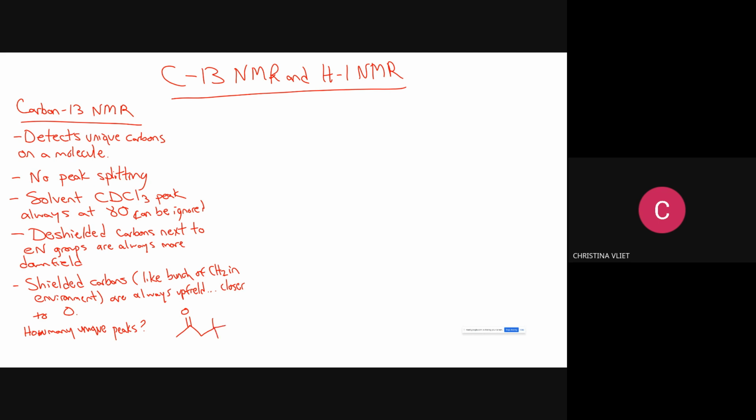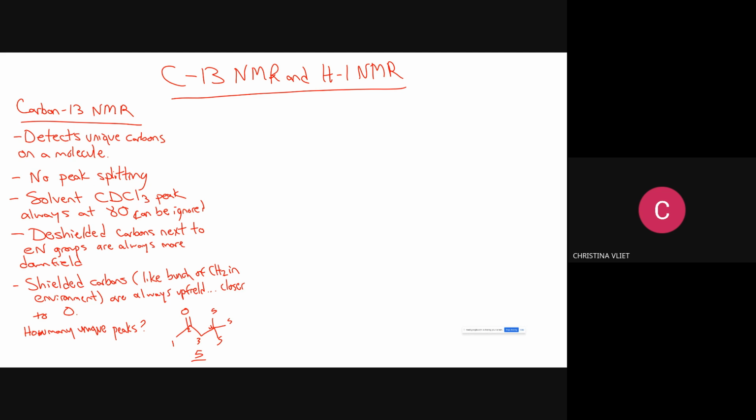Can you count how many unique peaks you would find on a carbon NMR here? 1, 2, 3. Because 1 and 3 are not the same. 3 has methyl groups on the side, 1 does not. 4. And all the ones on the outside are the same as each other. So this is 5, this is 5, and this is 5. The answer is 5.